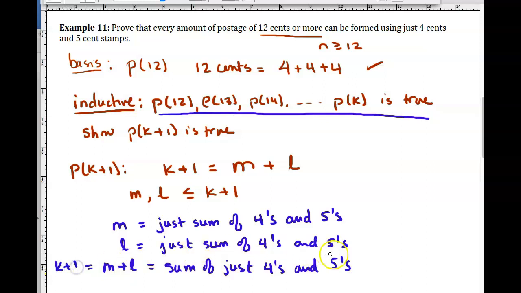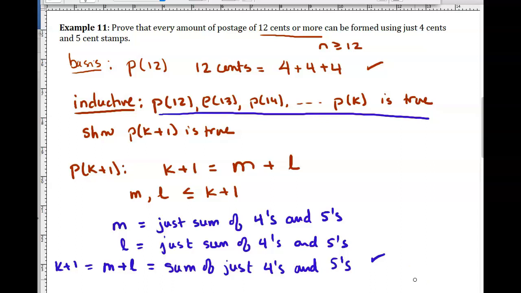So that completes the proof. We're looking at two random numbers that are less than k plus 1. Because they are less than k plus 1, the statement is true for them. When you put them together, the statement still remains true because the sum is made up of just 4s and 5s. So that's the strong induction proof.